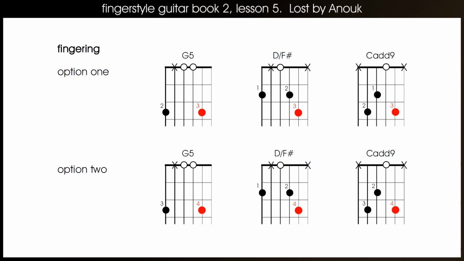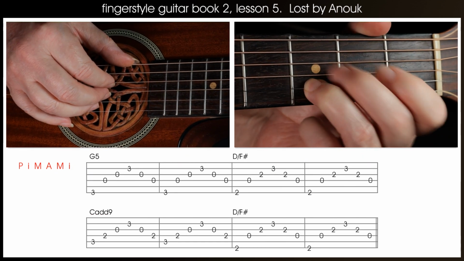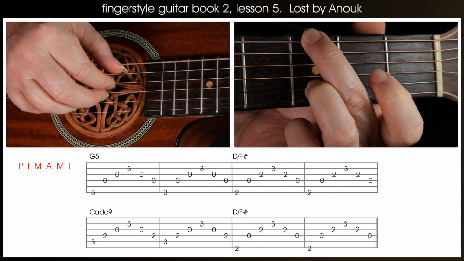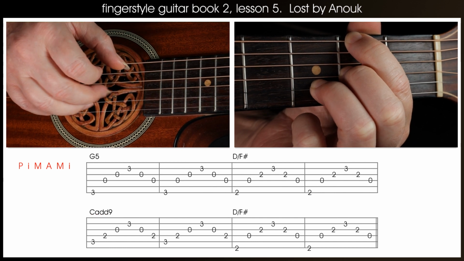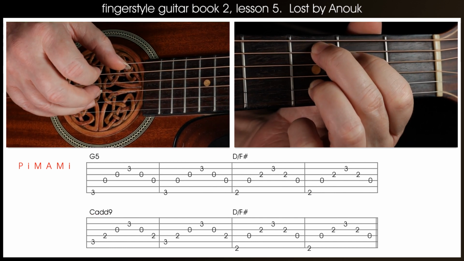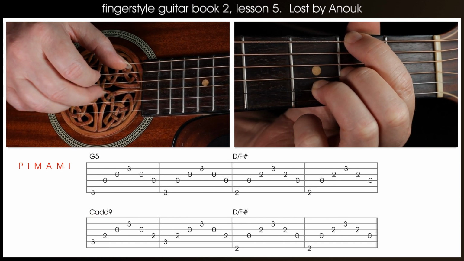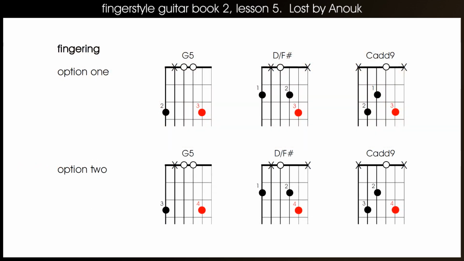Option 1, where the 3rd fret on the B string is being played with the 3rd finger. And option 2, where the 3rd fret on the B string is being played with the 4th finger.